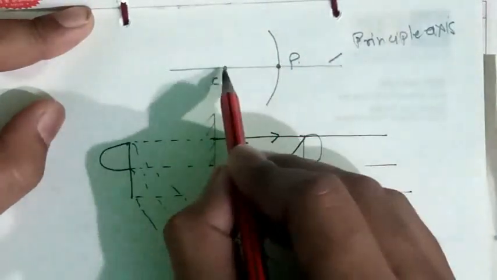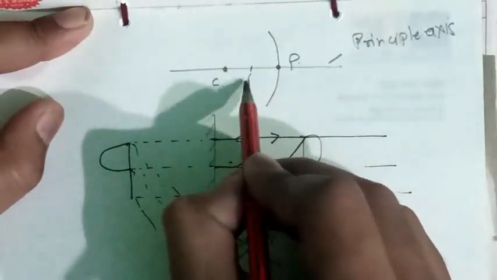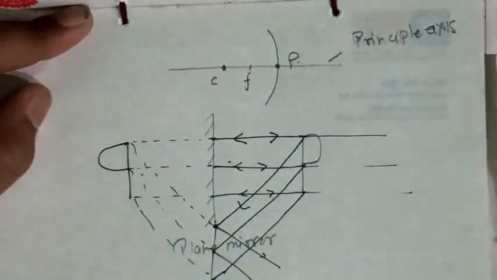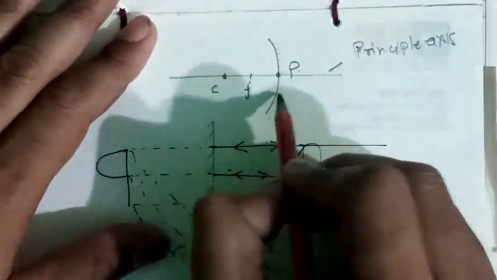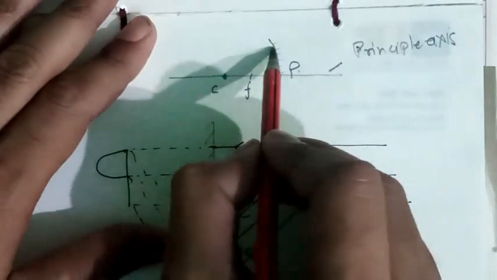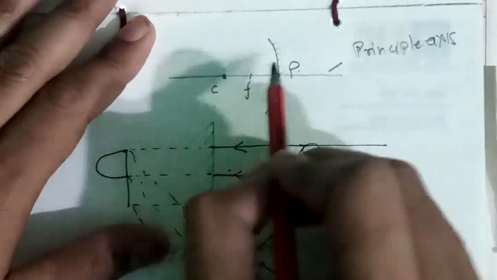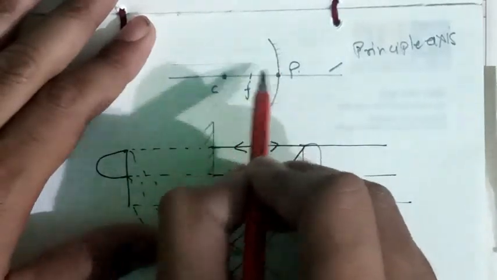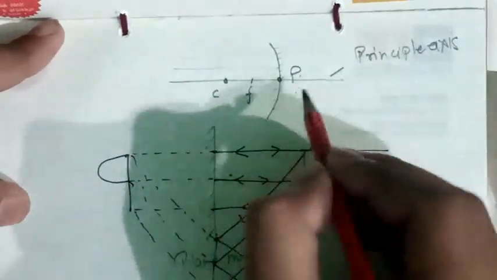This is the pole, this is the center of curvature, and the middle point of both is the focus, which is denoted by F. In case of a concave mirror, the outer surface is polished, so light comes, strikes, and goes through the focus. All the lines come, strike, and go to the focus.